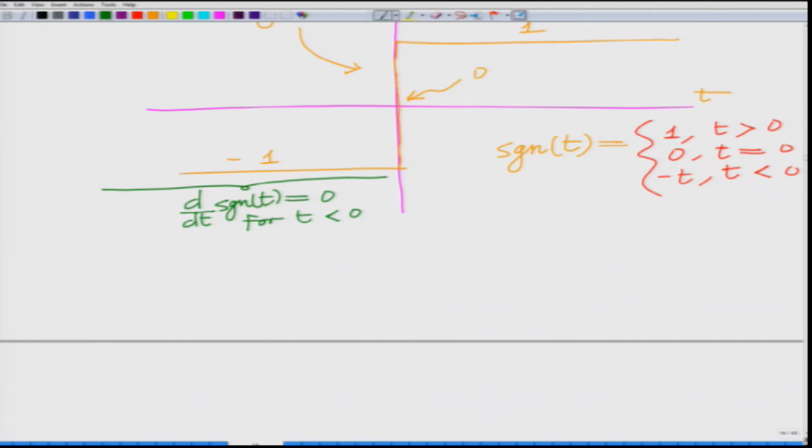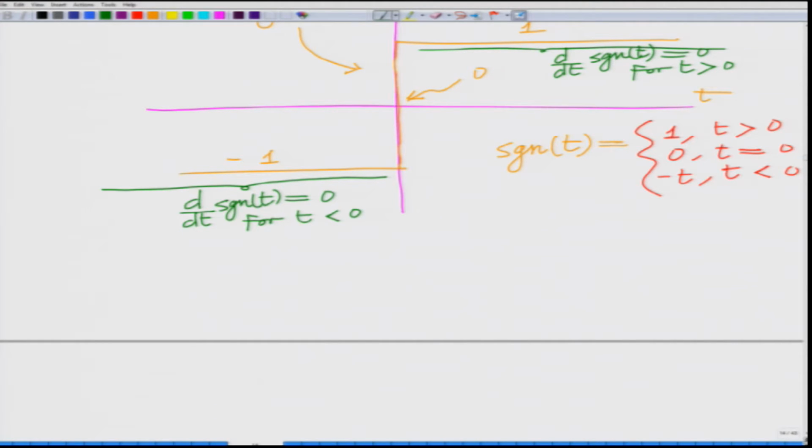Similarly, for t greater than 0, sgn(t) is again a constant, equal to 1. Therefore, the derivative is again 0. So, in this region also d by dt of sgn(t) equals 0 for t strictly greater than 0.